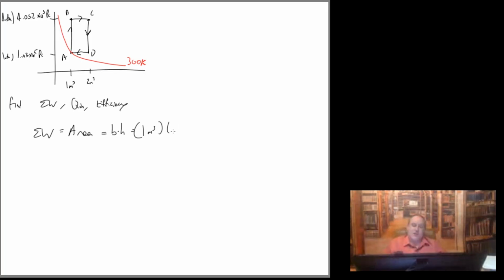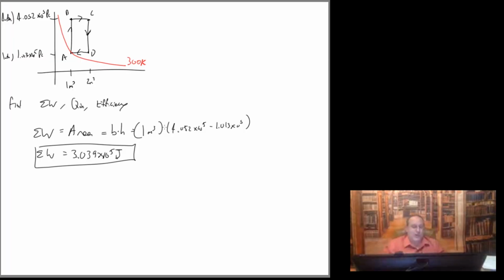So that's the difference between these two numbers, 4.052 times 10 to the 5th minus 1.013 times 10 to the 5th, which is going to be 3.039 times 10 to the 5th. Okay, so that's an unrealistically large volume, but it doesn't matter because we're just trying to learn sort of a process here.